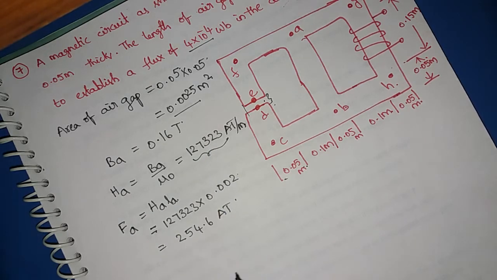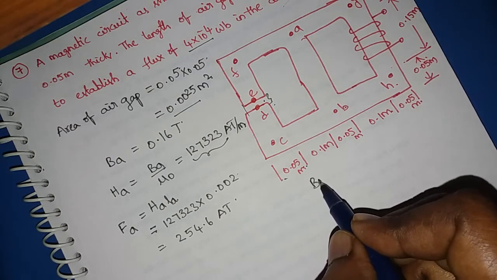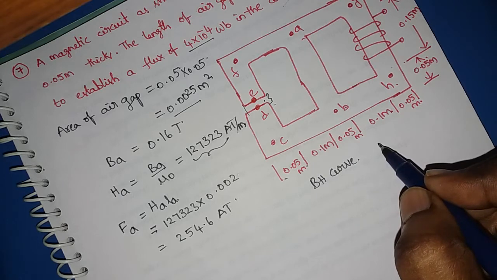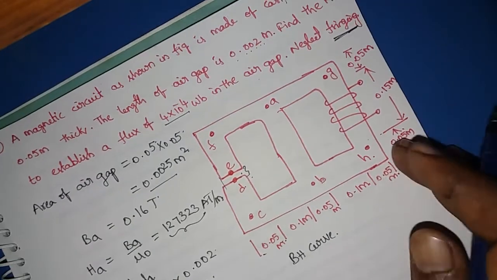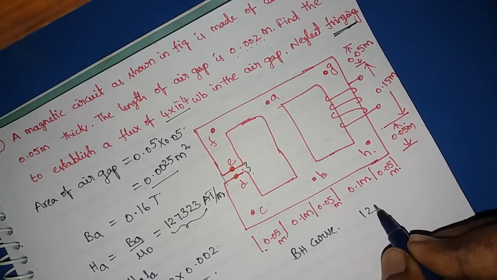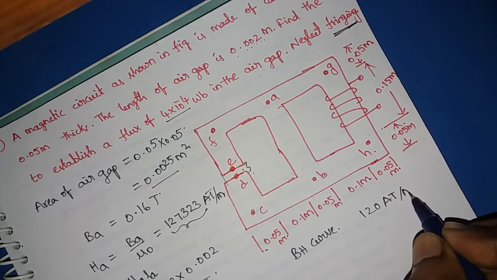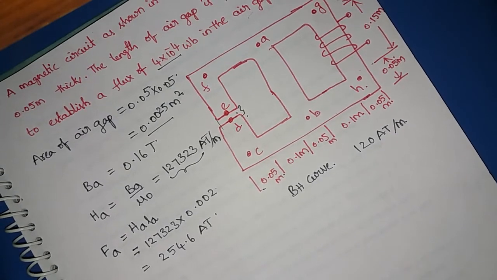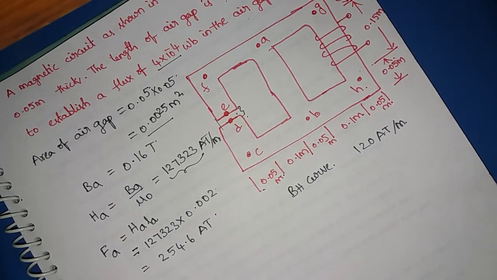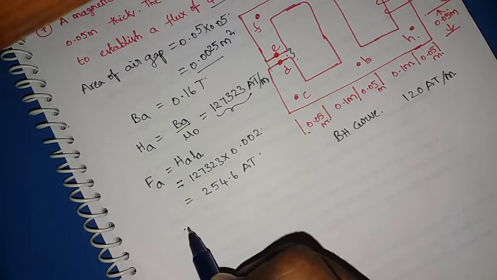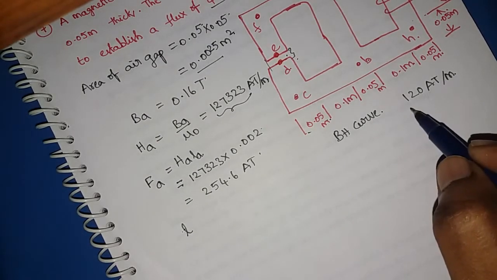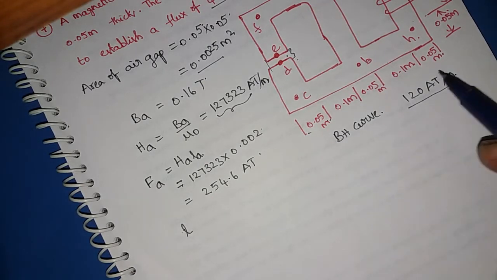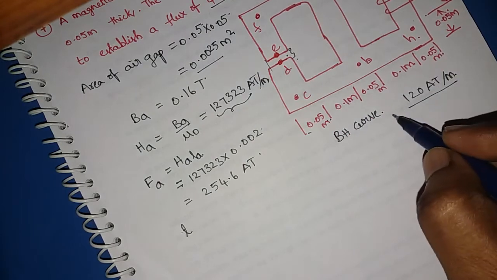So if we have the BH curve, from the BH curve, for 0.16 Tesla, the H value is 120 ampere turns per meter for cast steel. So what is the total length of this path? The total length of the path is L. Don't bother about this. Here he may give this value from the BH curve, or he may directly give this value. So you don't bother about this value.